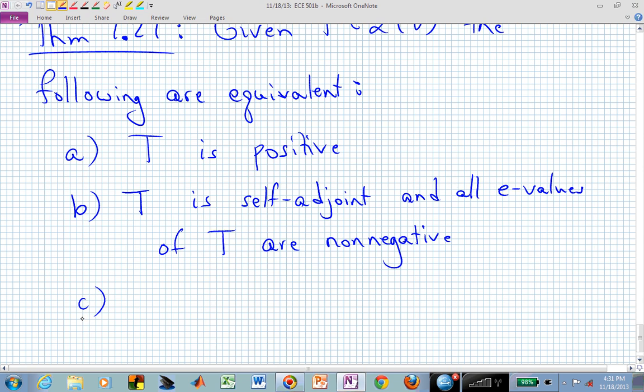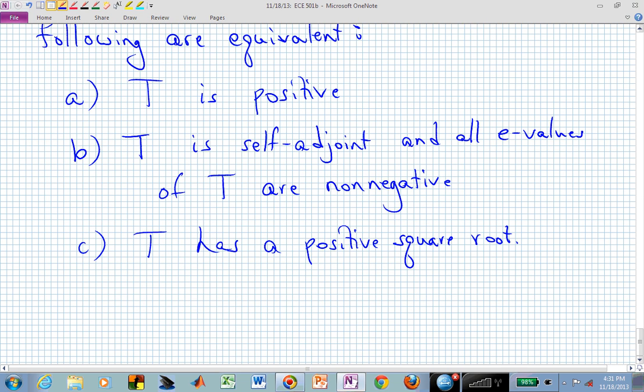If T is positive, then it's also: T has a positive square root. Which means we can create a matrix or an operator S that when we have S times S, we get T if T is positive.